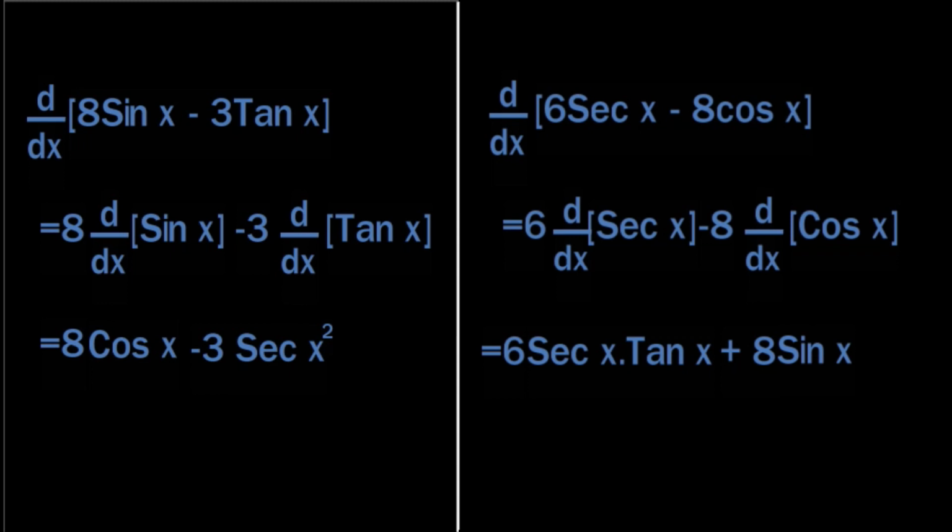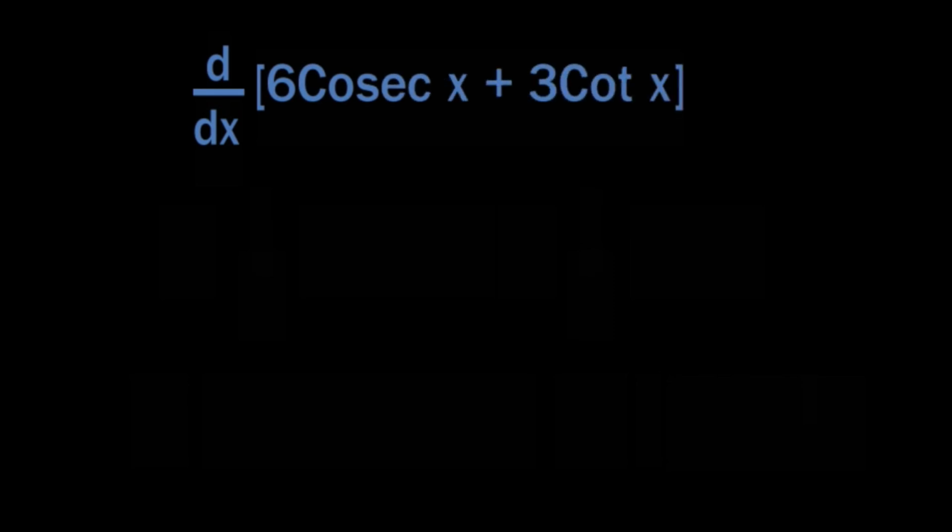Finally, let's try one more example so that you can get familiar with how you can differentiate trigonometric equations. Let's say we differentiate 6 cosecant x plus 3 cotangent x.